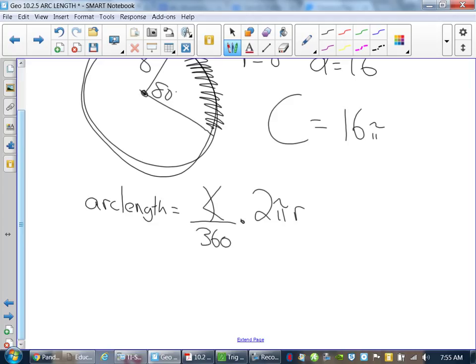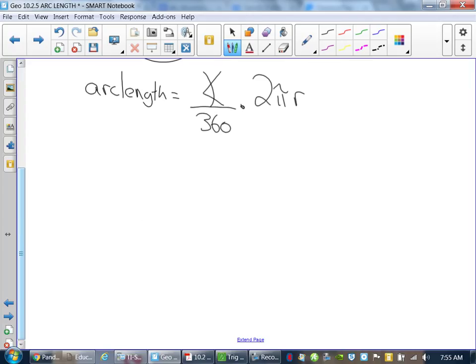So here's how it would start. 80 over 360, and I'll do it long form, 2 times 8 times pi, because that's what my radius was. There's my central angle, and there's my pi. So now, quite literally, all you have to do in your calculator is this.